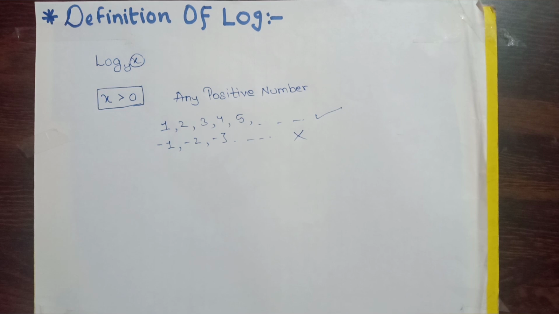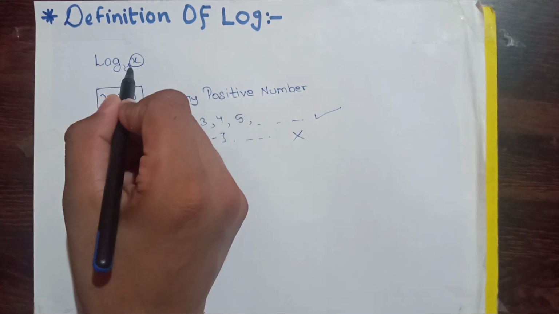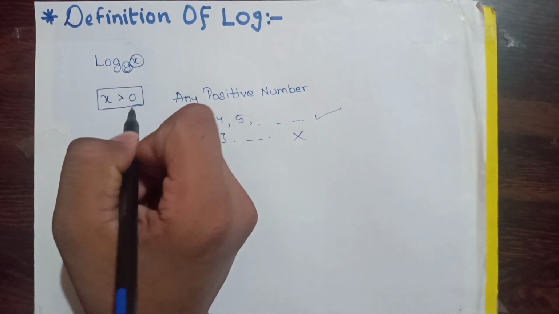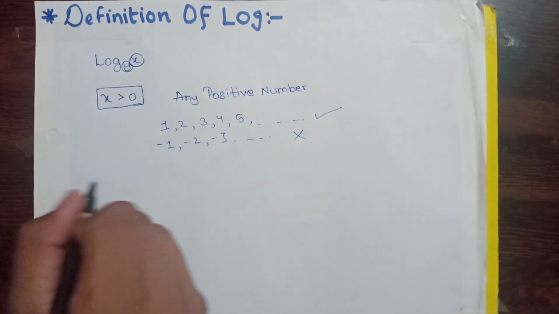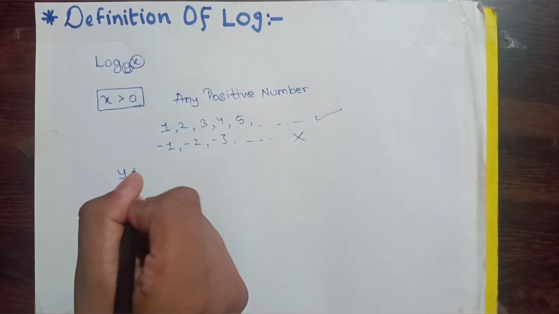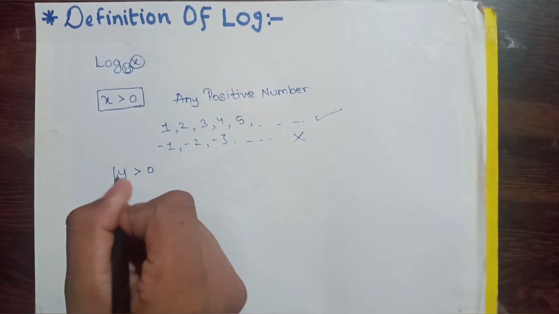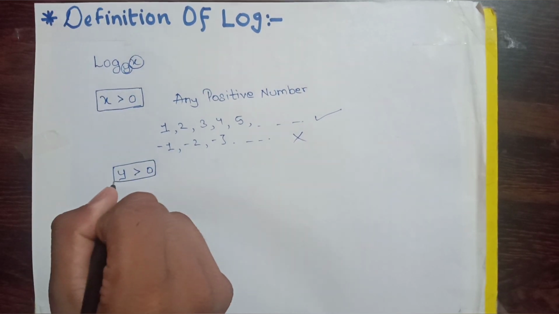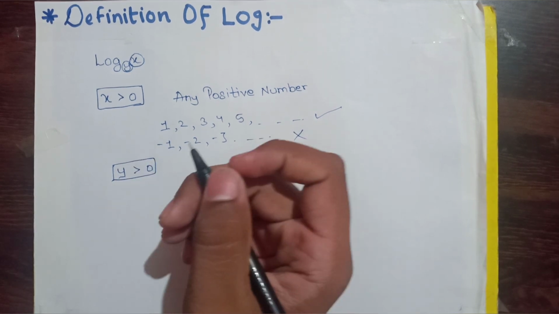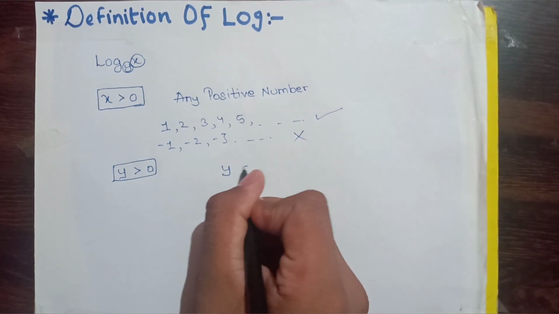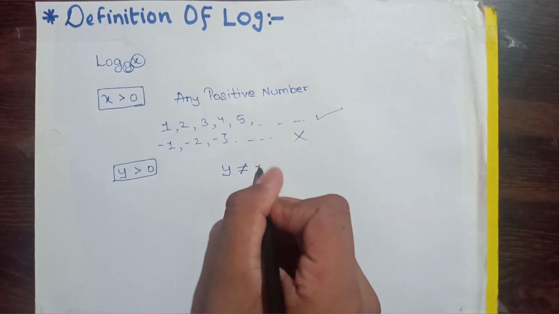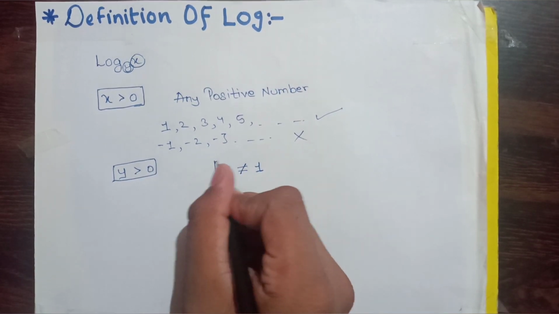And the second condition is about the base y. The condition says that y should also be bigger than 0, but y will not be equal to 1. It can't be 1.